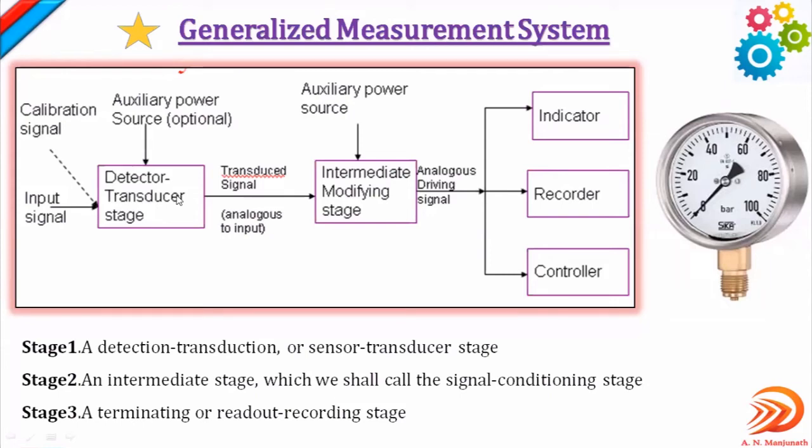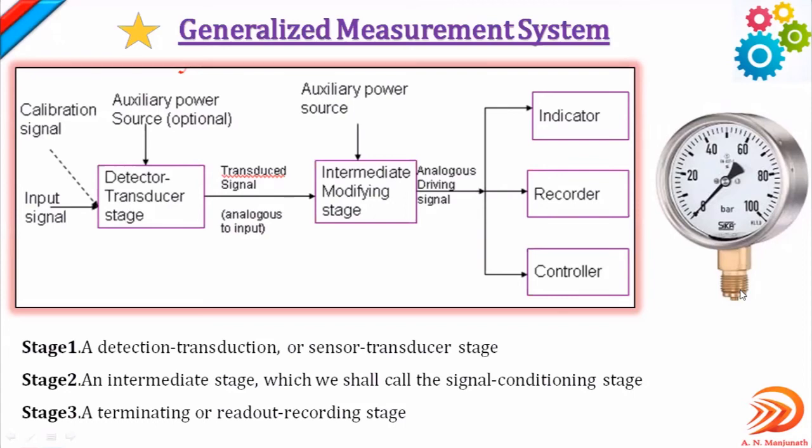See here, if you take the example of a Bourdon tube pressure gauge, it will sense the input signal. What is the input signal for this pressure gauge? The input signal is obviously the pressure, right? It should sense only the incoming pressure of the air or the fluids. At the same time, it should be insensitive to the other noises.